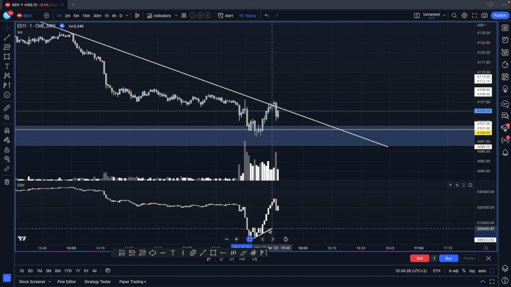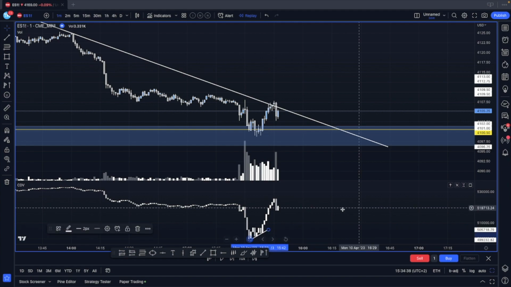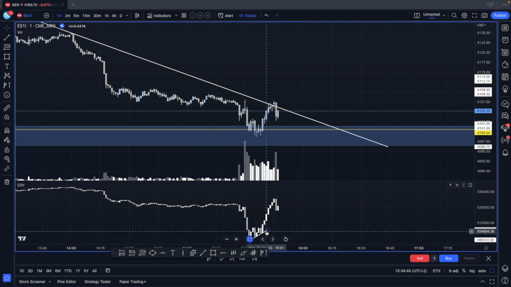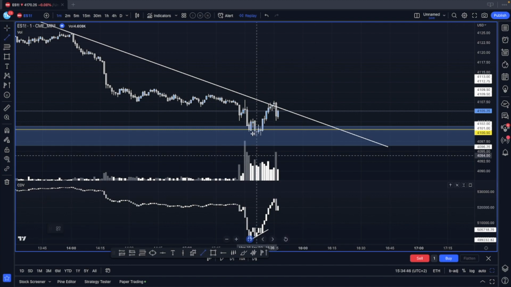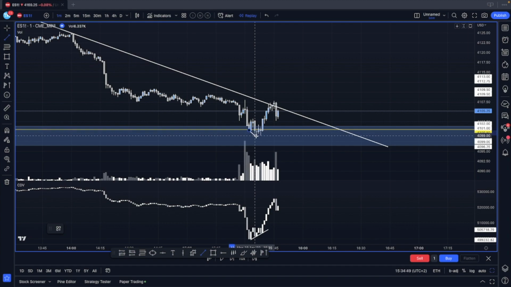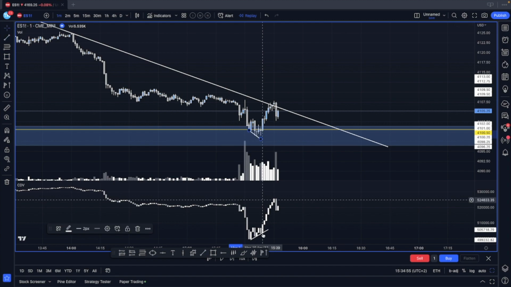Okay, this is not fundamental, but is another good signal, okay, that you can use. As you can see, here price is moving down and the volumes are getting bullish.